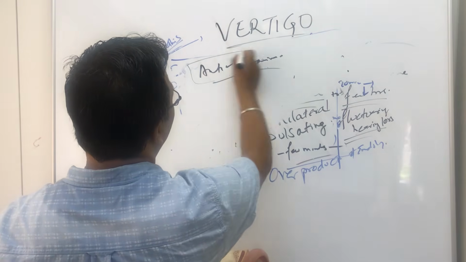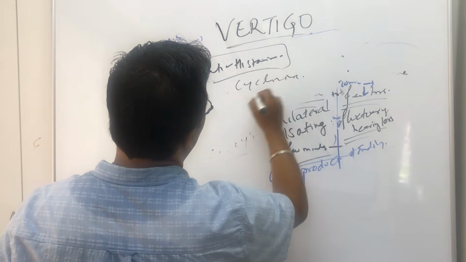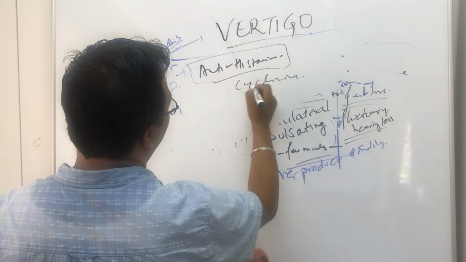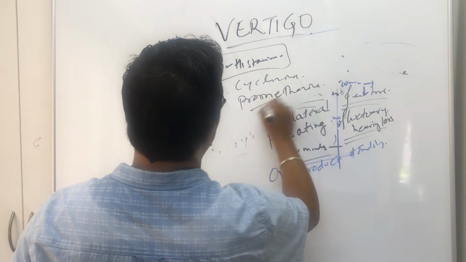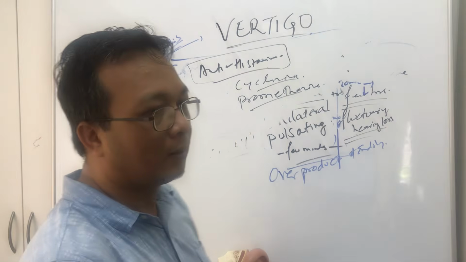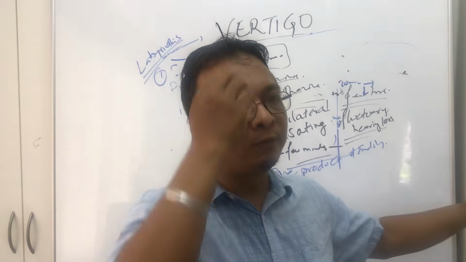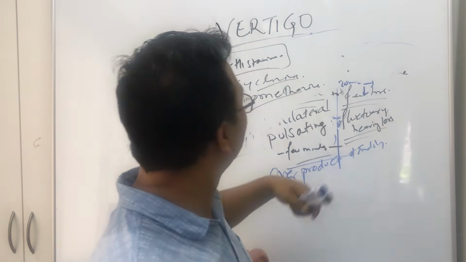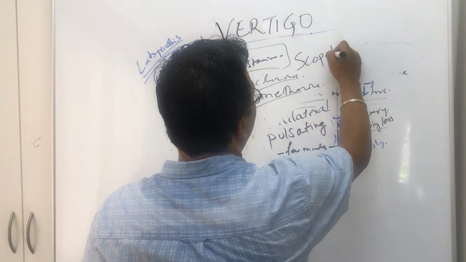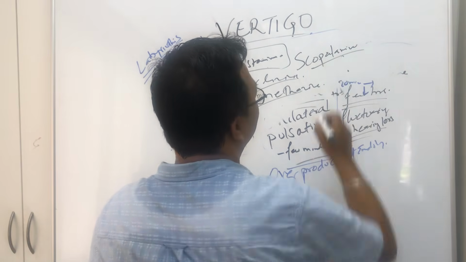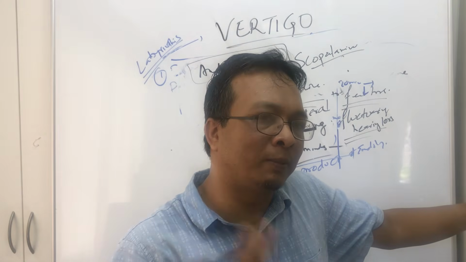These antihistamines like cyclizine or promethazine are the drugs used for this type of vertigo, and for motion sickness also. Some patches can also be used, scopolamine patches.